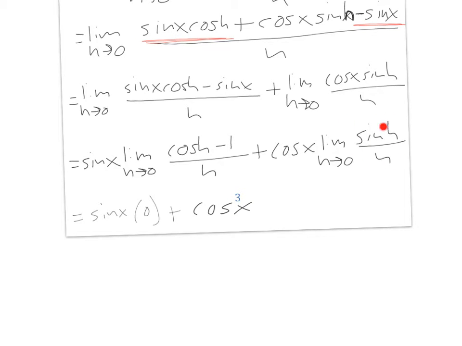We know what this is. This is just 1. So this is times 1. Well, all of this, we know what this equals now. Sine times 0 is just 0, so we don't even need that, and so this whole thing just equals cosine x. Ignore that little 3 there, that's just the page number. Okay.